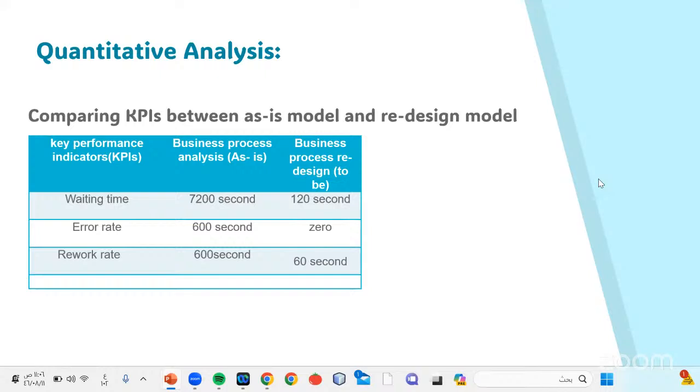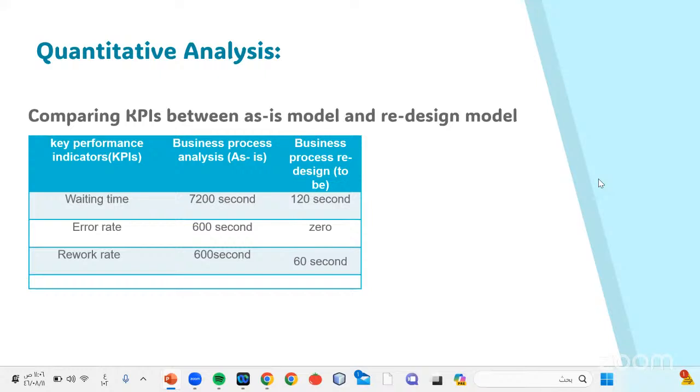Waiting time decreased from 7,200 seconds to 120 seconds, meaning faster processing. Error rate reduced from 600 seconds to 0, meaning no mistakes. Rework rate dropped from 600 seconds to 60 seconds, meaning less correcting needed.